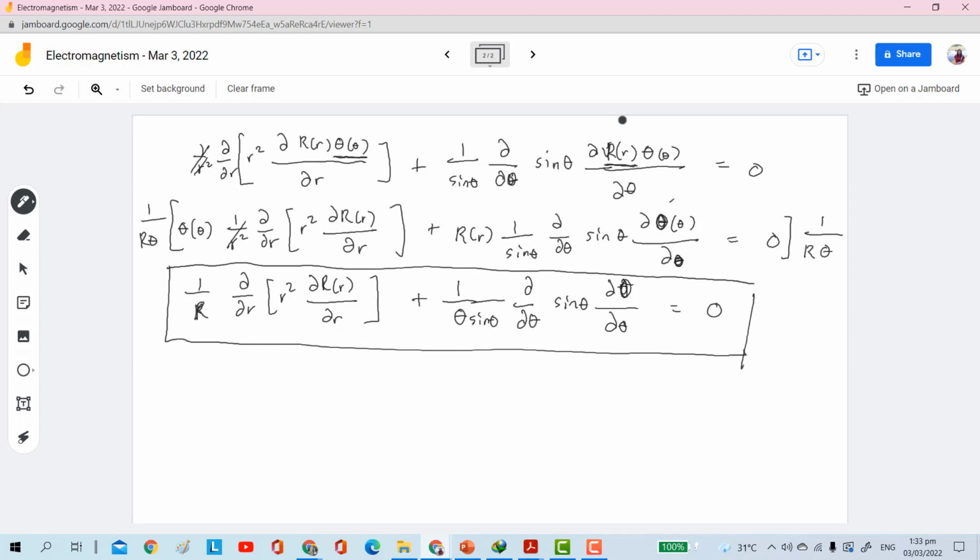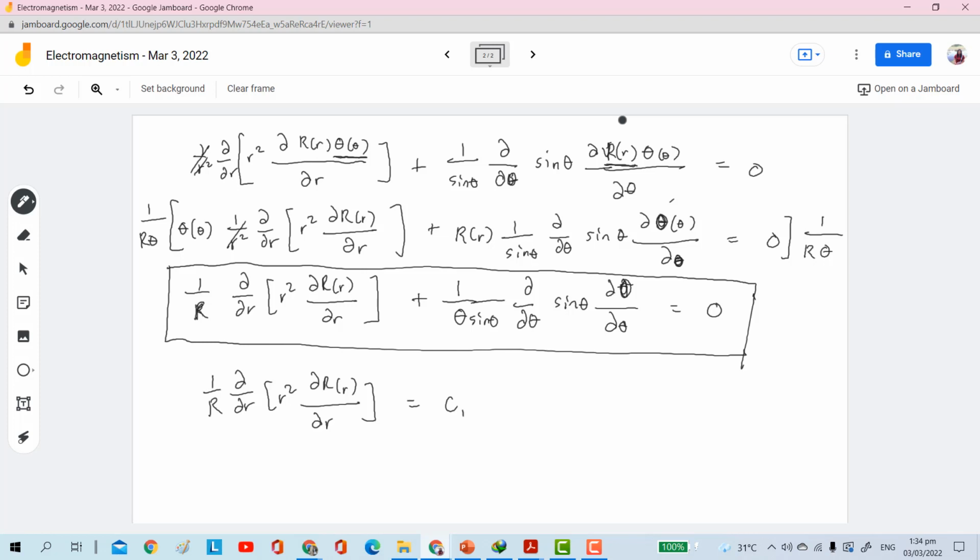equation now. And what we will do next, class, is equate this one, 1 over r partial derivative of r squared partial r of r with respect to r. So we will equate this with, say for example, c1.